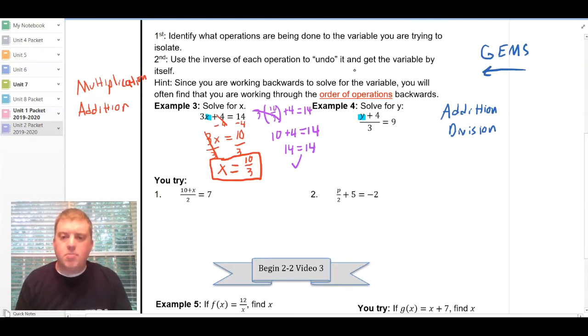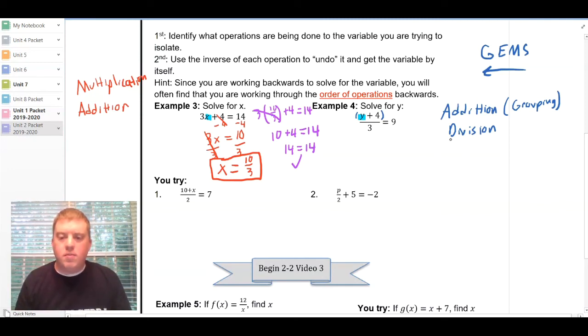However, that fraction bar complicates things a little bit further. What that fraction bar actually does is group the y plus 4 together, because we don't want to just divide 4 and we don't just want to divide y, we want to divide both of them together. So that division bar puts the addition inside a set of grouping, and the grouping is what we want to undo last.